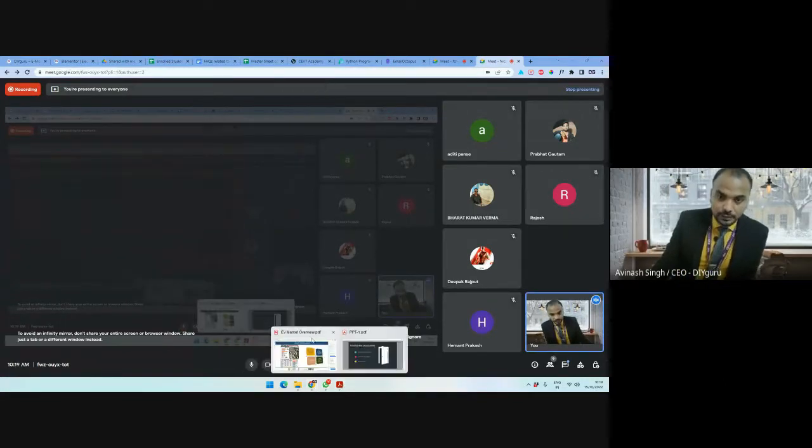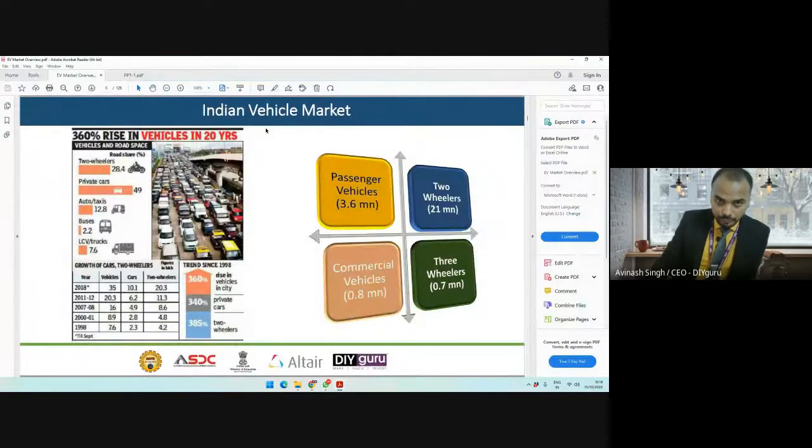Okay, yeah. So, if we talk about the Indian vehicle market, there has been almost a 360% rise in the number of vehicles in 20 years. And the bifurcation of vehicles, how the division of vehicles has happened, if you see the percentage of road share, it means, in 100%, what is the road share which has been taken by two-wheelers, right?